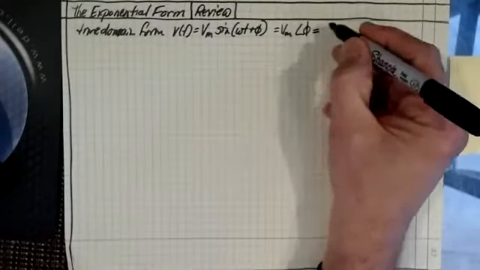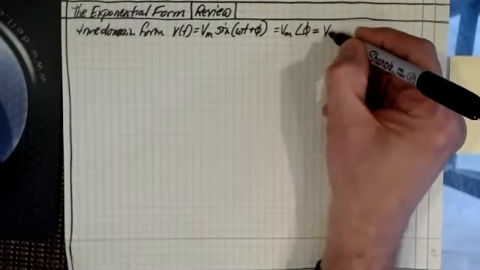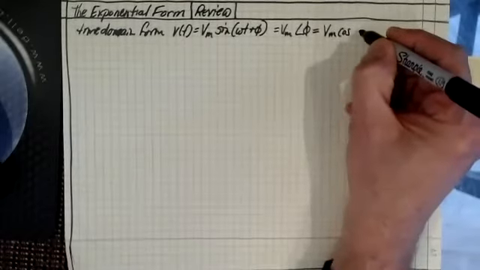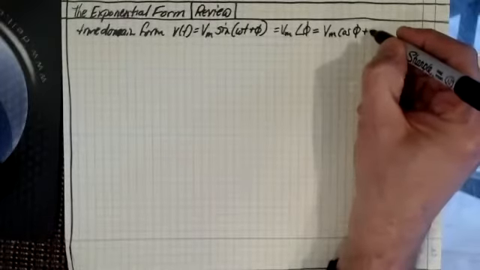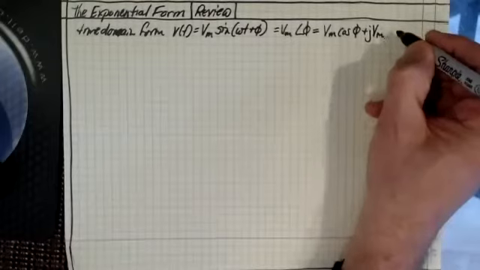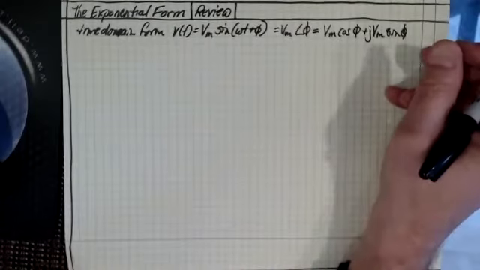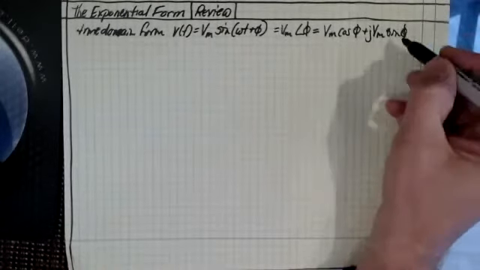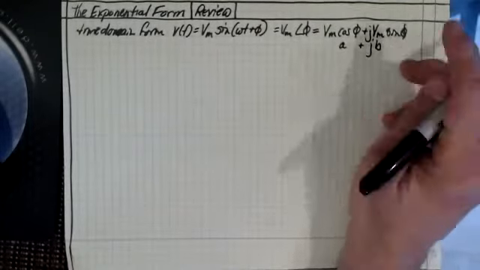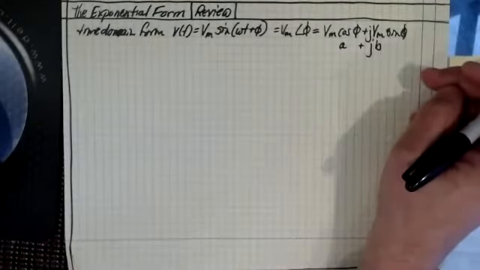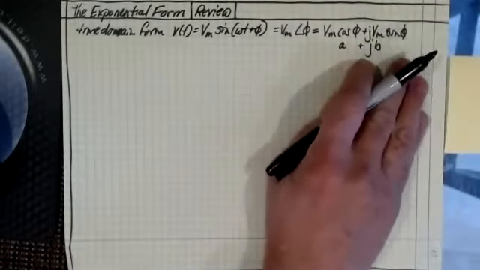Anyway, it doesn't matter right now. So what we would look at then is V max times the cosine of phi plus j V max times the sine of phi, right? And that would be your A plus jB form, the complex form. So anyway, you've got three forms there that you see.